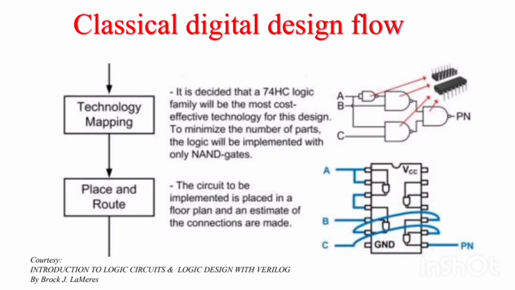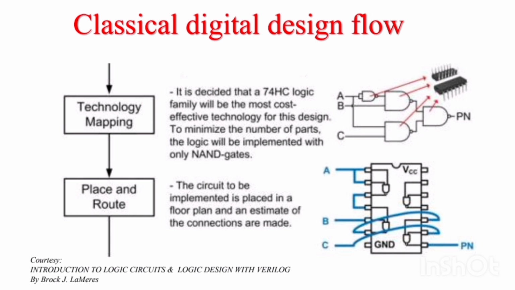The fourth step is technology mapping. We got now the netlist, and the netlist has to be manipulated so that it will be suitable for the technology used. The 74HC logic family is used over here since it's the most cost effective technology for this particular design. Here NAND gate only implementation is used for minimizing the area used.